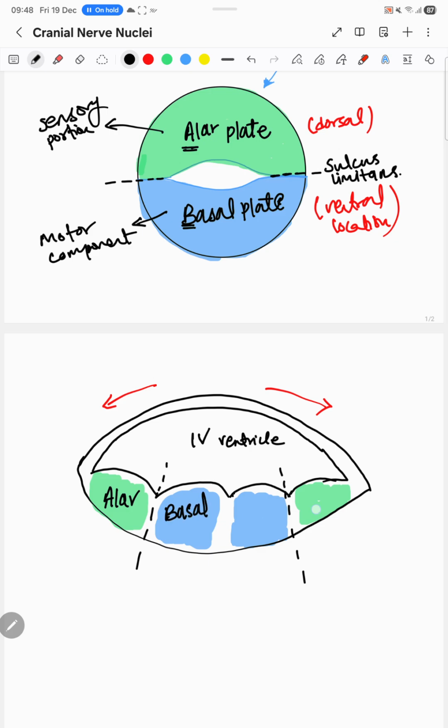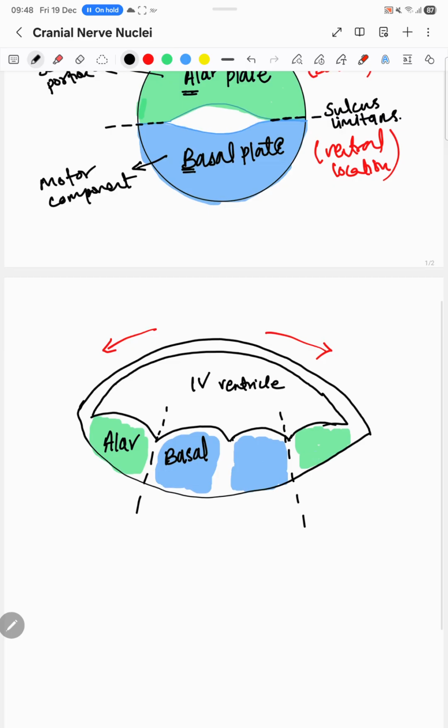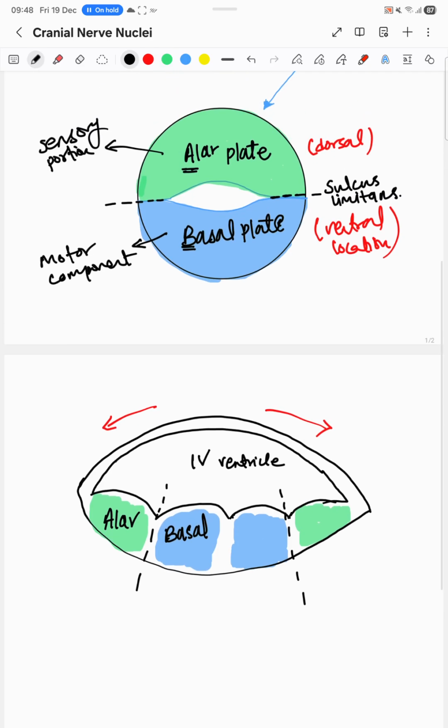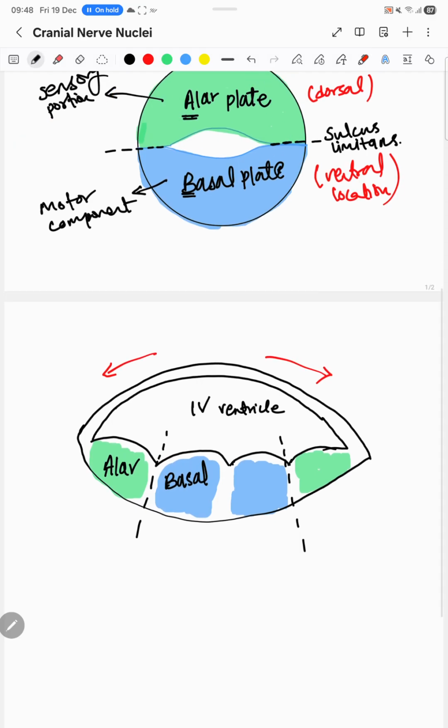There's something important to discuss right now. We said that this was the alar plate. It is made up of the sensory portion, so it should contain the sensory nuclei, right? If this is the alar plate, it has 4 nuclei, and the basal plate has 3 nuclei.